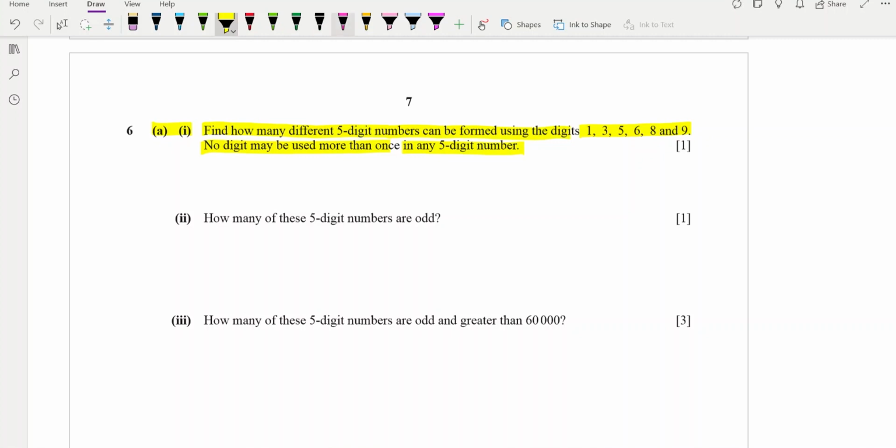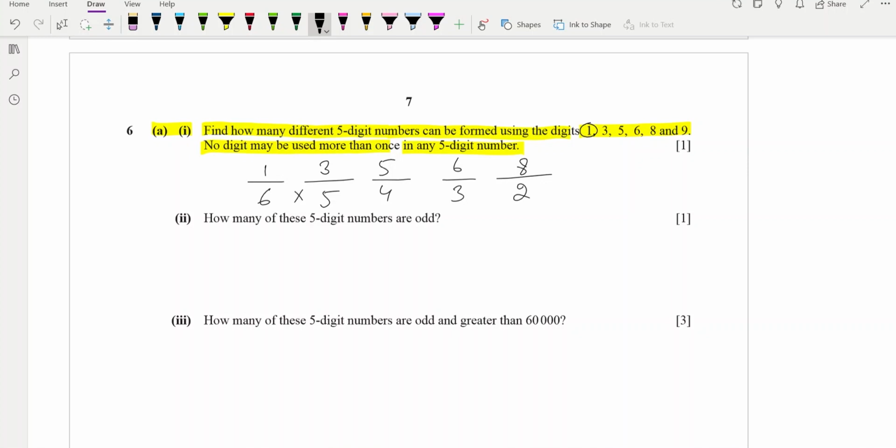So we can basically take 5 positions, so it will be 1, 2, 3, 4 and 5 positions. And if we are taking, for example, 1, it will have 6 options, and 3 will have 5 options, 5 will have 4, 6 will have 3 options, and 8 will have 2 options.